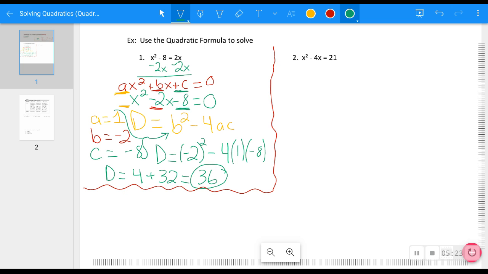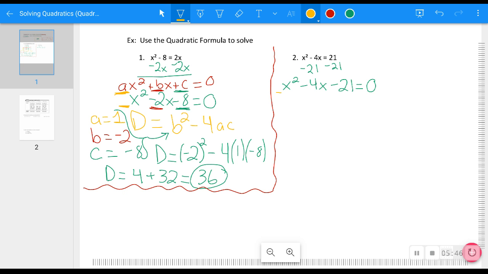Again, we need everything equal to 0, so we're going to subtract this 21 over. Subtract 21, and we get x squared minus 4x minus 21 equals 0. Now we can identify our a, b, and c.